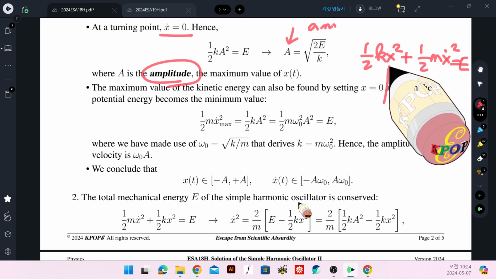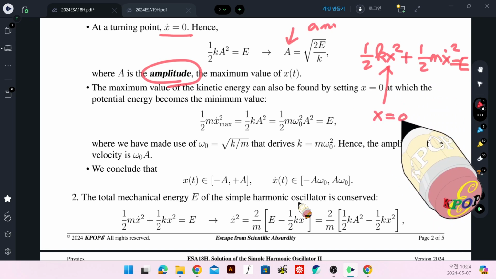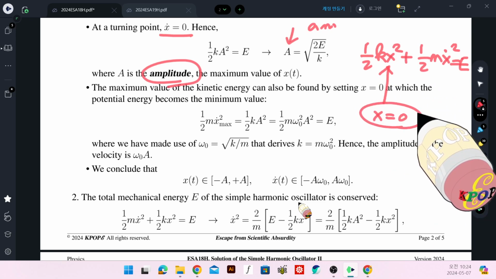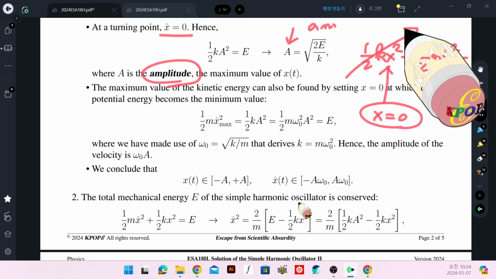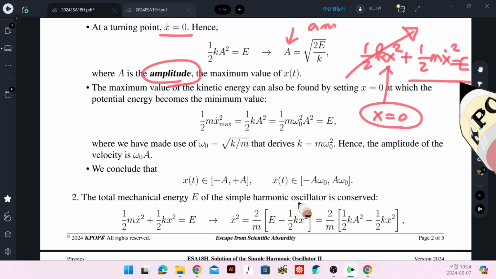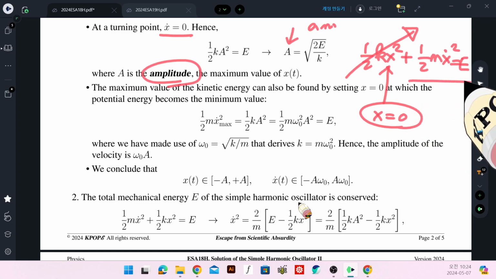What happens if I substitute 0 for this x? That is, at the equilibrium position, the potential energy vanishes. Then the kinetic energy is exactly the same as the total mechanical energy.